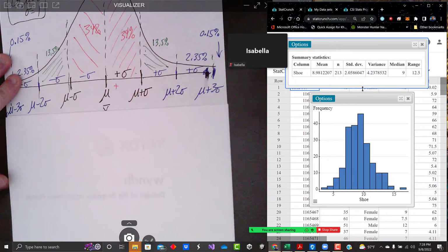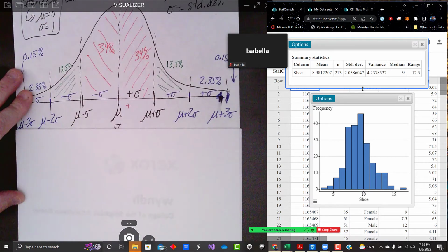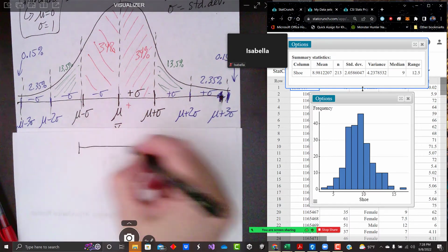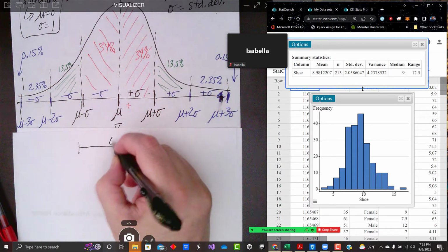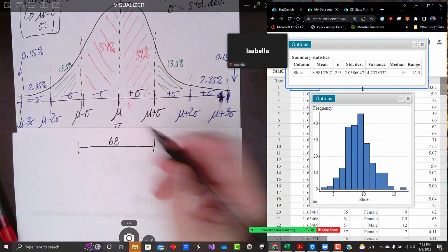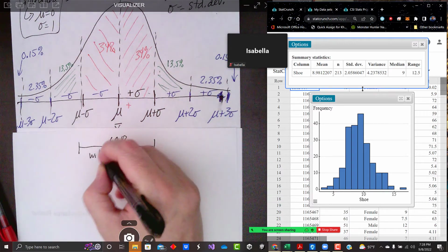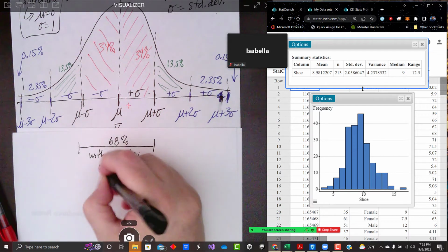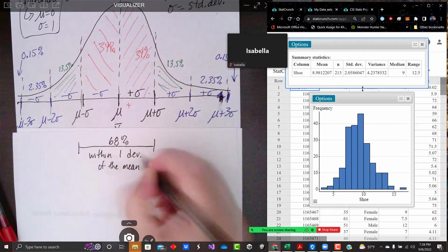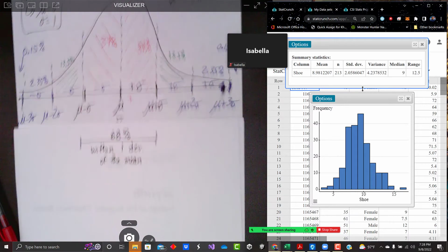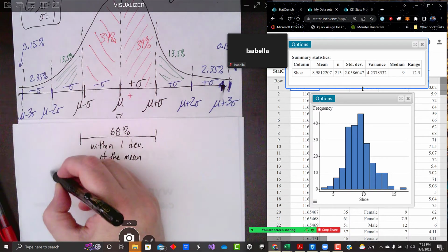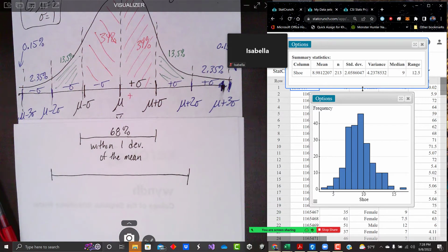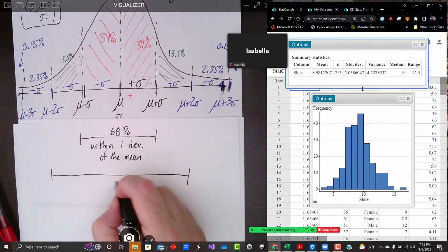I'm going to write it right here. So between here and here, 34% plus 34% is 68%. 68% of the data is within 1 deviation of the mean. If I go out 2 deviations, this represents 95% of the data.